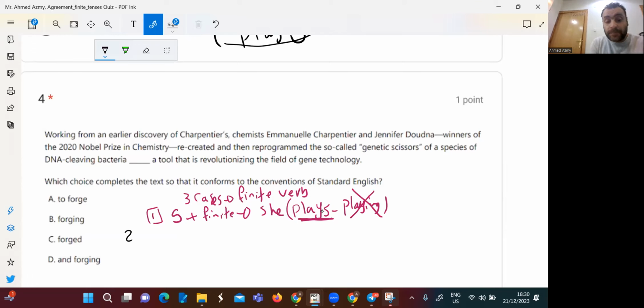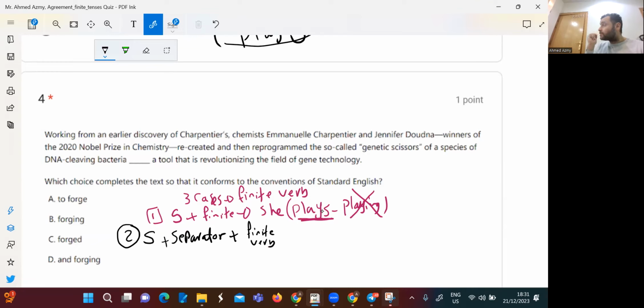Number two, if you have subject plus separator plus, you should have a finite what? Finite verb. I will give you an example. Look at this example.